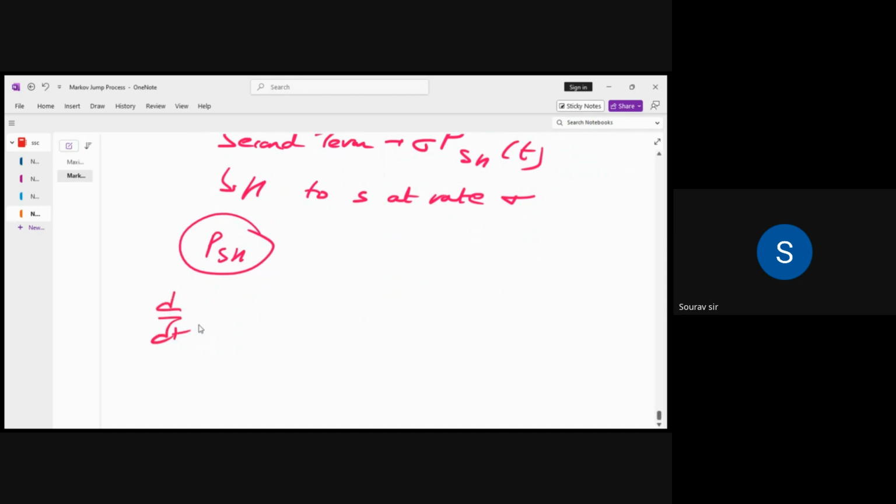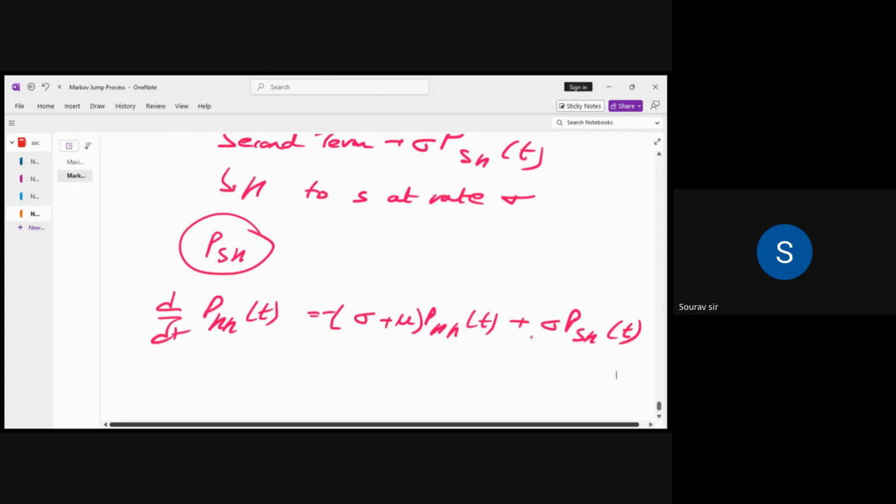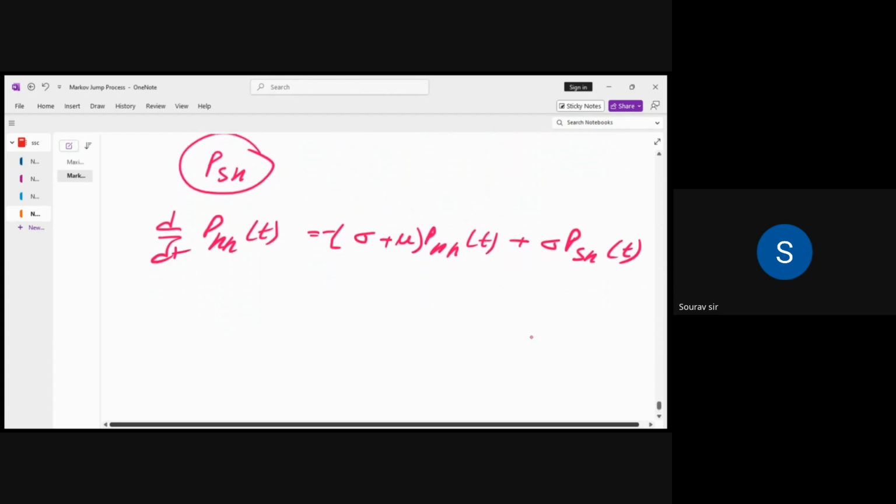So d/dt P_HH(t) is equal to minus (theta plus mu) P_HH(t) plus theta P_SH(t). So here we can think of it as balancing two opposing forces.